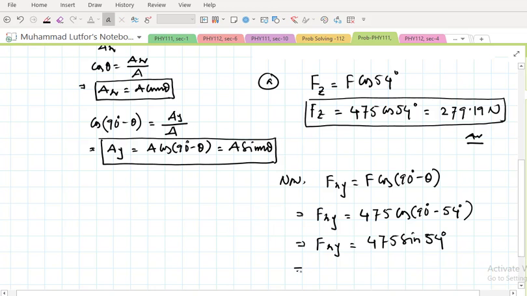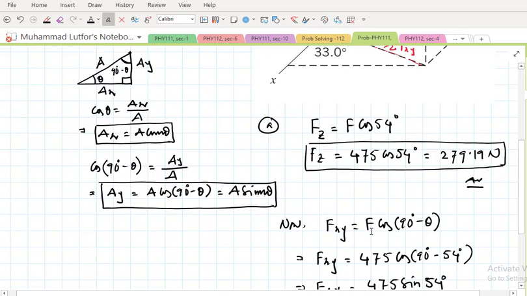Now we can find F xy would be 384.28 Newton. So this is the component of force F in the xy plane.